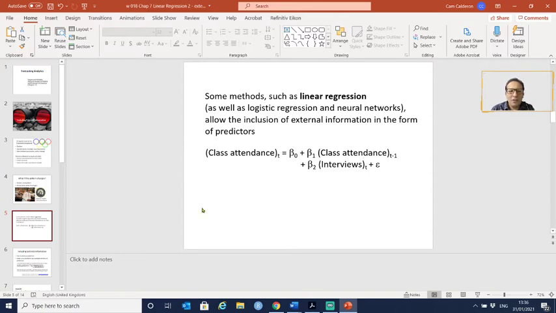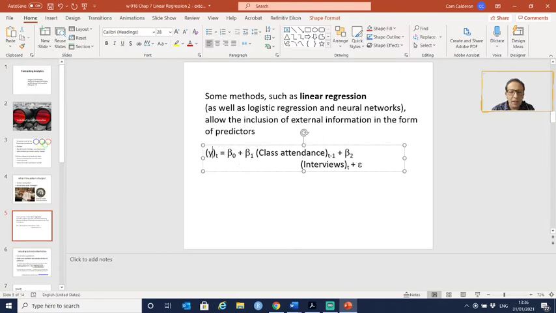So for instance, you have here a variable that is class attendance. I could perfectly change this by y. Yes, y equals beta 0 plus, these are coefficients. This is the intercept. Yes, this coefficient beta 0 is the intercept. Beta 1 is the coefficient or the weight for this class attendance. As you can see, class attendance was actually y as well, but class attendance in the previous period.